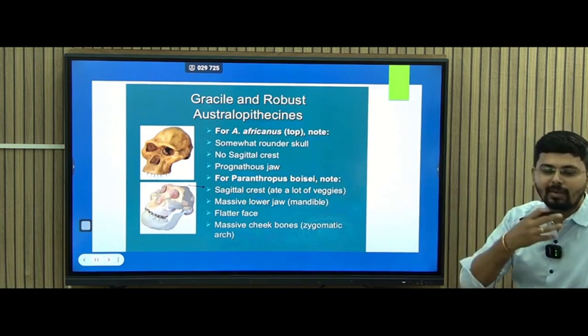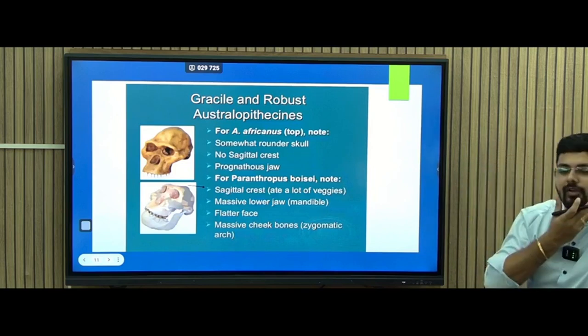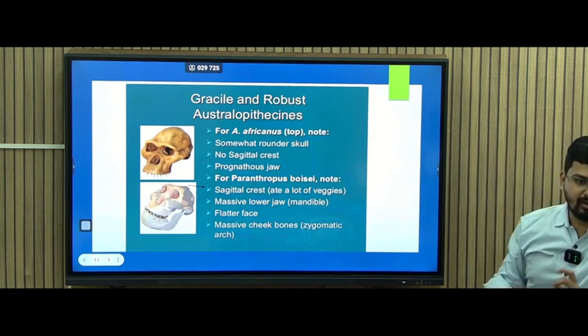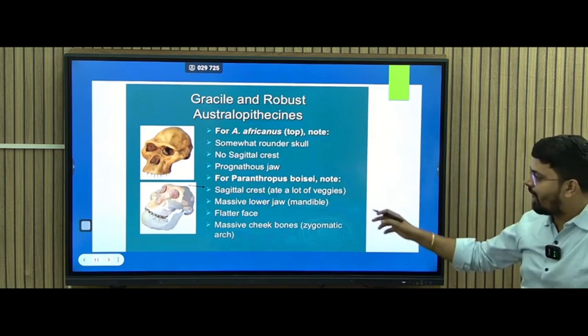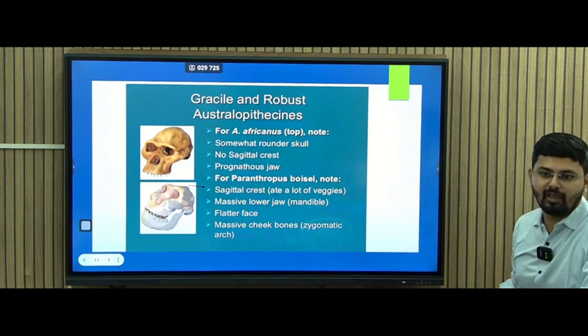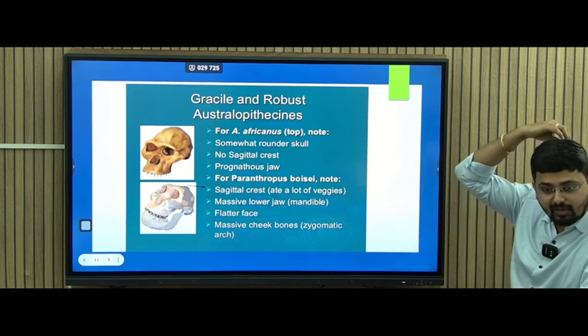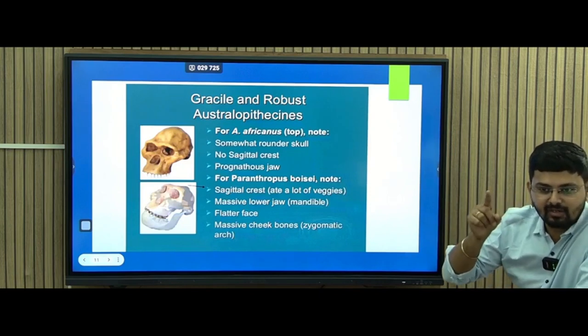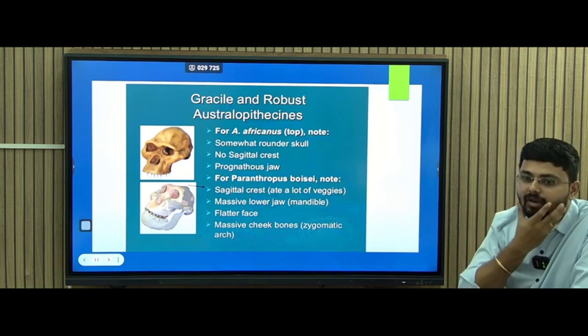So all your muscles are attached onto the top. Now your jaw is smaller, so you don't need any strong connection. But in the past, they had so many muscles. In order to help that, you need a sagittal crest. So if sagittal crest is absent, that means the size of the mandible is decreasing.